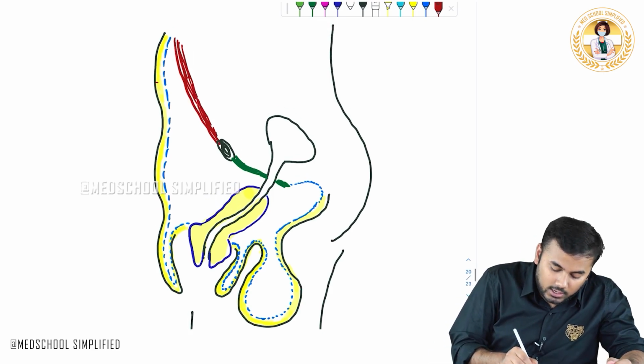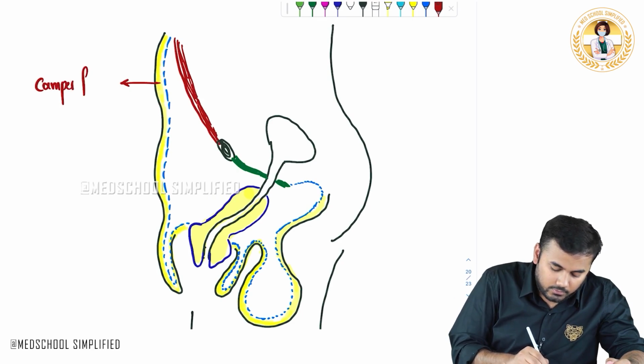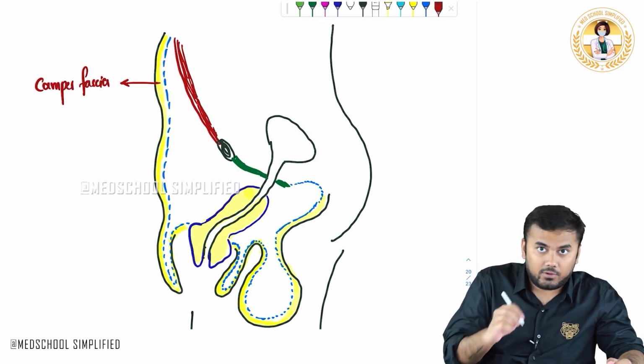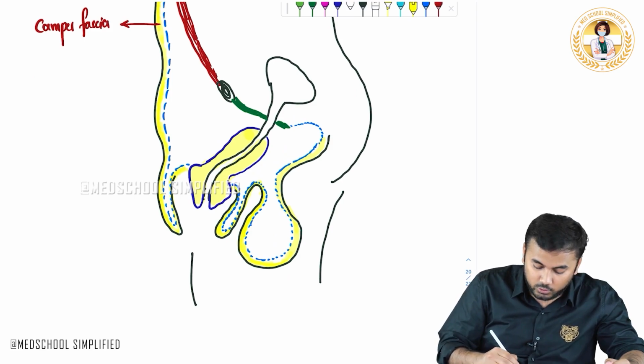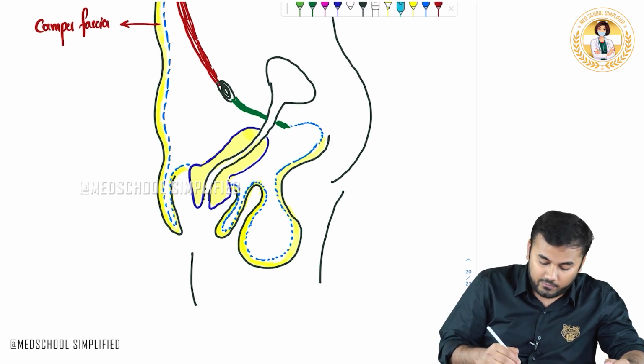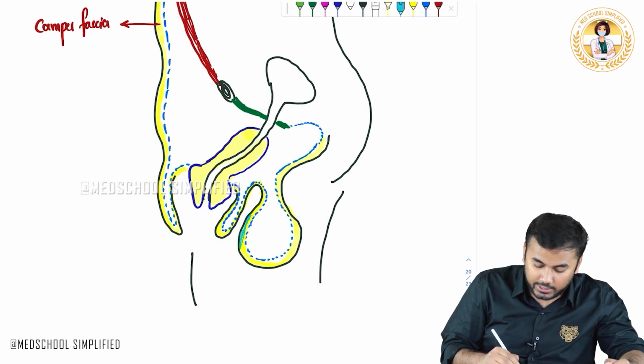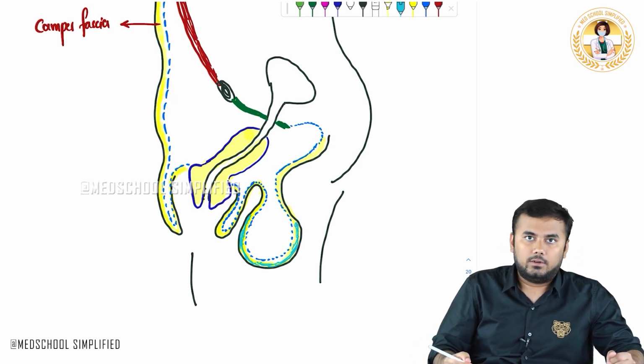So this yellow color part is your Camper's fascia. And remember one thing, once this Camper's fascia enters into your scrotal region, it is converted into the dartos muscle.